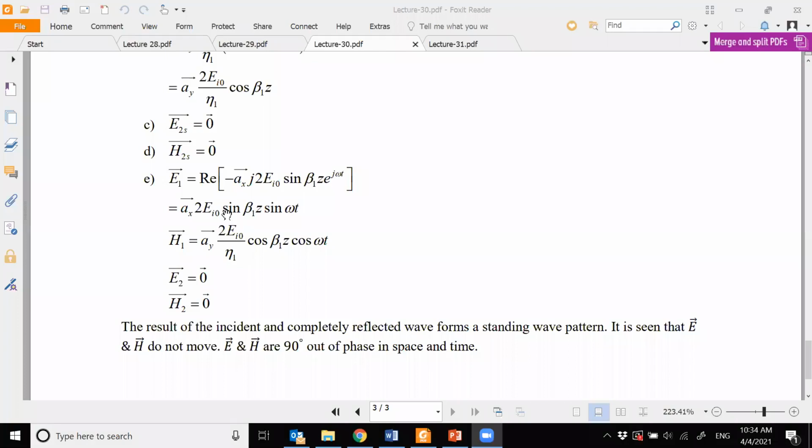That means you will not be able to see the propagating sine wave. You will see a stationary sine wave and it will be dancing. That is called the standing wave pattern. You will see that as if it is just standing, it is not propagating. And why is this happening? Because you are getting the superposition of the incident and the reflected electric field.